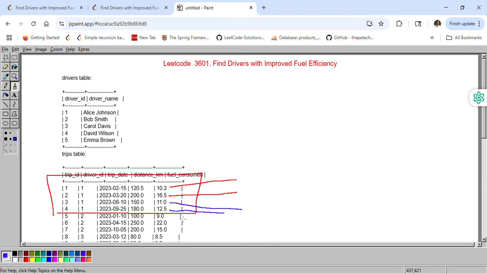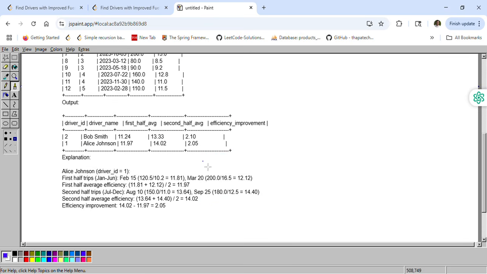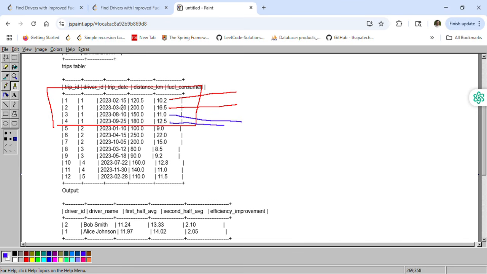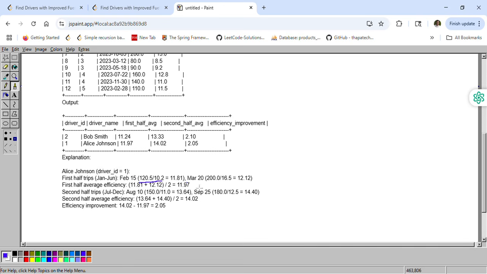Then what they are asking us to do is calculate the fuel efficiency. So how will you calculate it? 120.5 divided by 10.2 for February, and for March, 200 divided by 16.5.